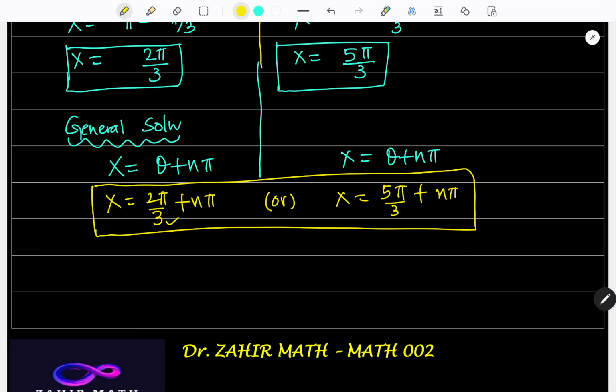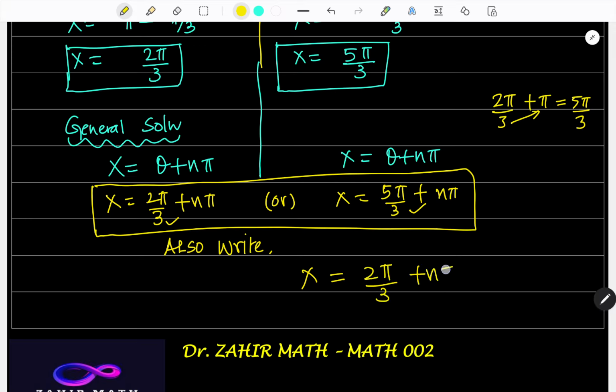Look at the answers, 2 pi by 3 and 5 pi by 3. To 2 pi by 3, you just add 1 pi. What is your answer? 3 pi plus 2 pi over 3, which gives you 5 pi by 3. So some people write, and that is also correct, just one answer: x equals 2 pi by 3 plus n pi.